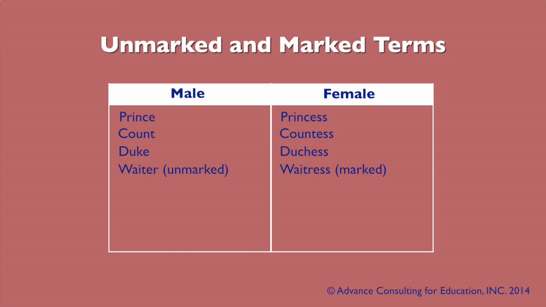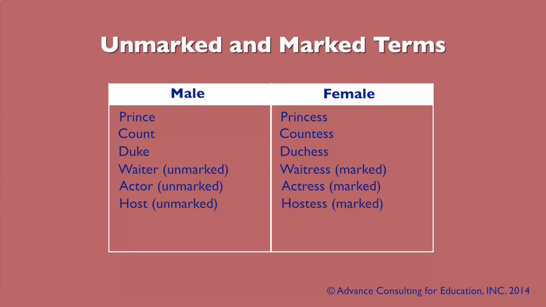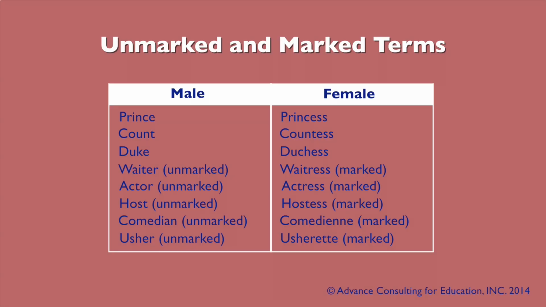So a waiter can be used for the male or female person who does this occupation, whereas a waitress is marked exclusively for female. An actor is unmarked, actress is marked for female, host is the unmarked, and hostess is marked for female. Another example is comedian, which is unmarked, comedienne, which is the marked for female version, and then usher, unmarked, usherette is marked for female.